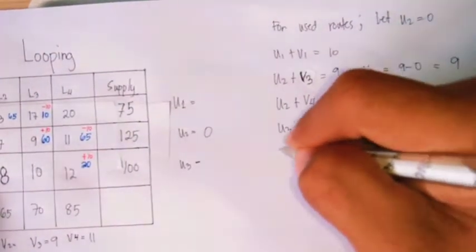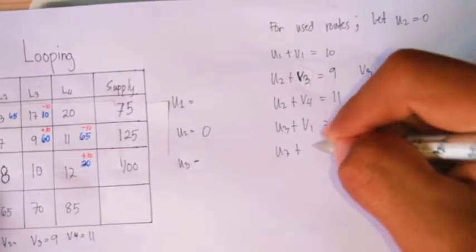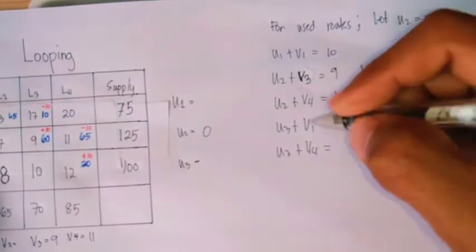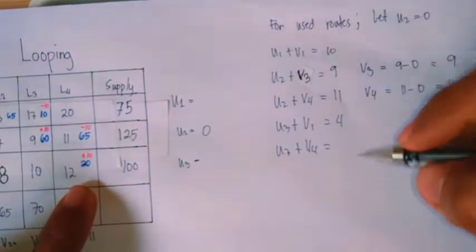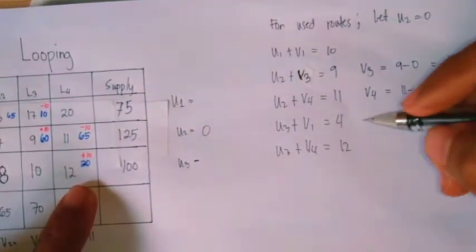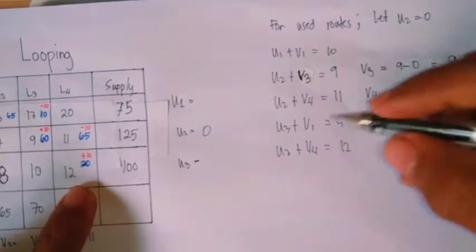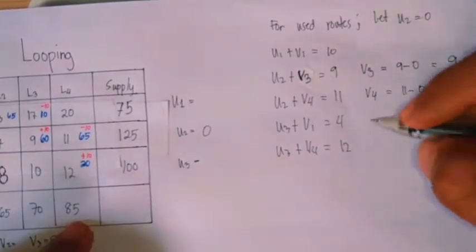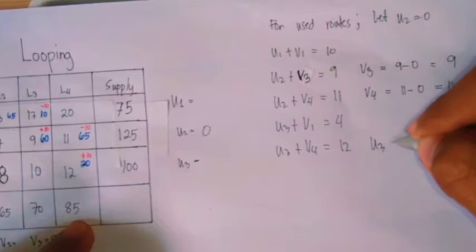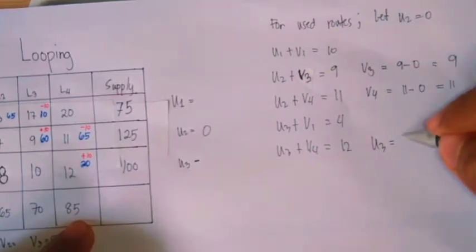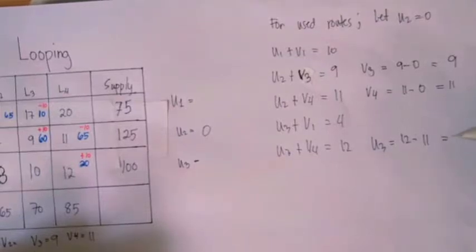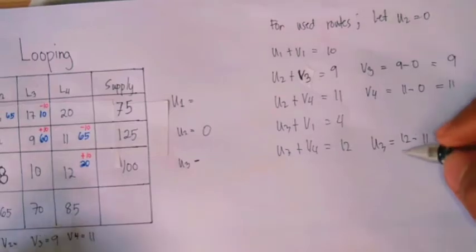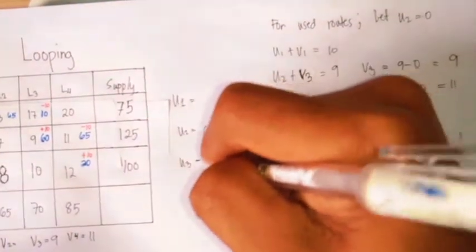U3 plus V4 is 12. Since we have the value of V4, U3 is equal to 12 minus 11, so our U3 is equal to 1.